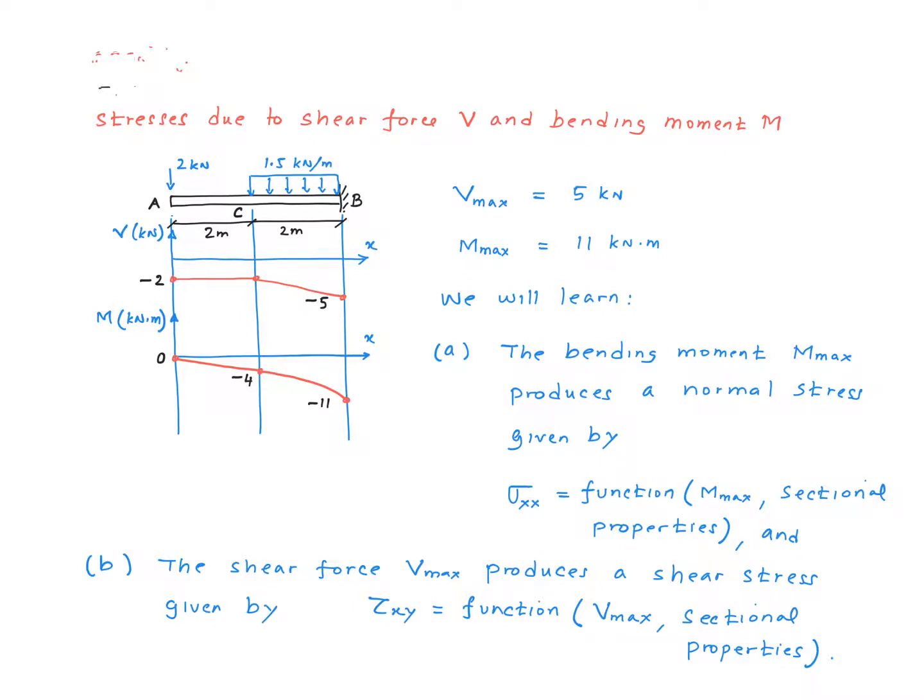As you might recall, tau xy is the shear stress component on the x-plane in the y direction, right? Which is that direction right there, the vertical direction. There is a functional relationship between tau xy and the maximum shear force Vmax and certain specific sectional properties. So this is how we're going to calculate the stresses produced by the shear force and the bending moment. Now you see the use of the shear force and the bending moment diagrams in the design of this particular structural element.